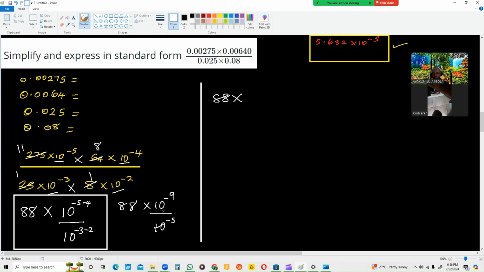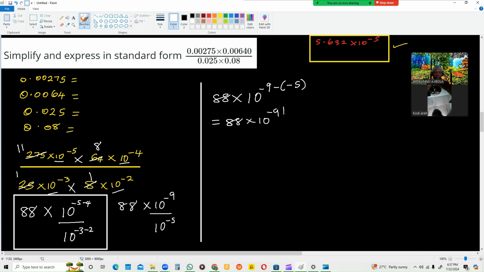You know the 10s are dividing themselves, right? I pick one of the 10, then I subtract the power. So that's negative 9 minus negative 5. Then this becomes 88 times 10 raised to power negative 9.